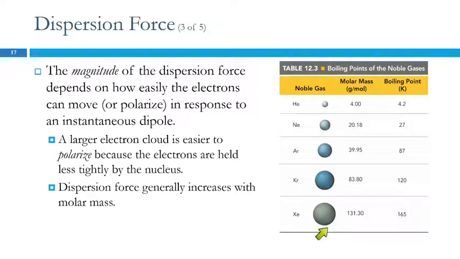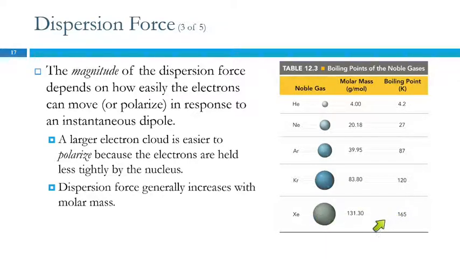If you have 6 or 500,000 children, then it's a lot harder to keep track of them, right? And so it's easier for all of them to get off to one side or the other. So the easier it is for these electrons to get lopsided, the stronger the intermolecular force, the dispersion force.